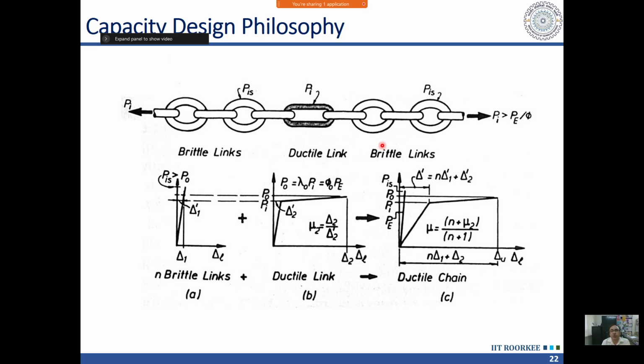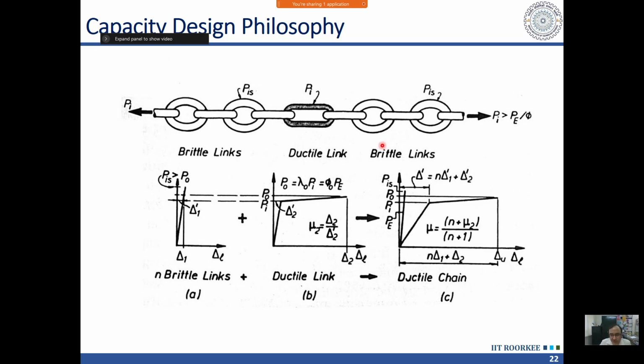Now when we talked about RCC structures, we discussed that concrete is a brittle material, steel is a ductile material, and in reinforced concrete we are using both. We try to enhance the ductility of RCC members by designing the members to be under-reinforced and enhancing the ductility of concrete as much as possible through confinement. This we have seen.